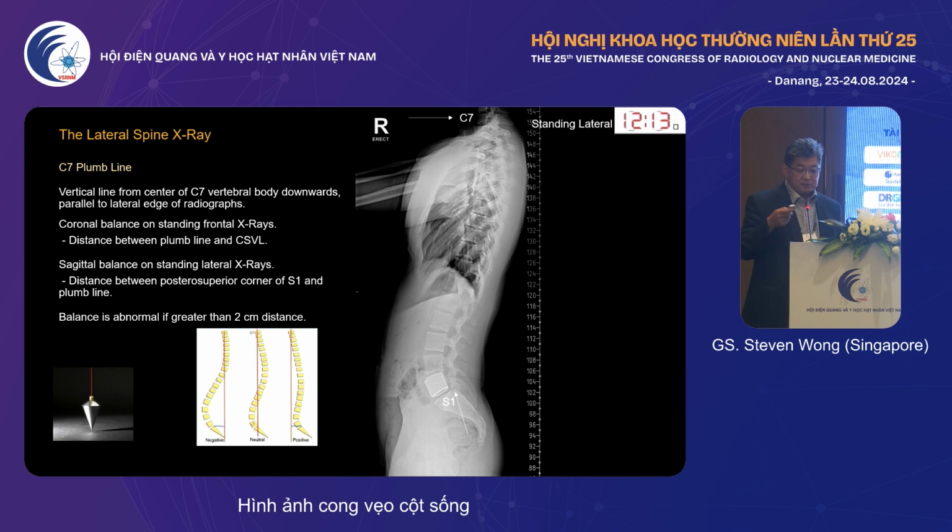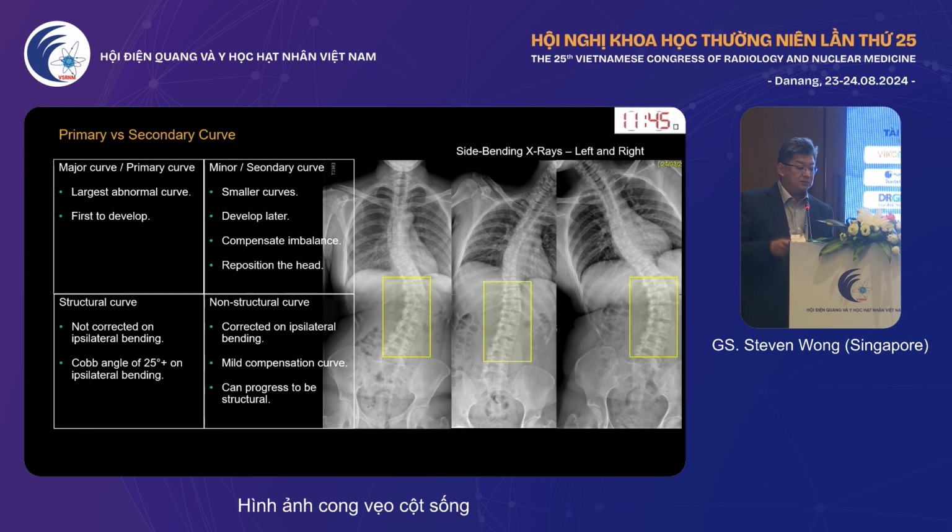And I do advise that when patients come for a whole spine standing x-ray, you try and get your team, your technologists to do a lateral view as well. Because you want to see the alignment of whether it's neutral, whether the plumb line is in front or behind the vertebral bodies. Right, so by illustration, this is what you look out for. Relative to distance to C1.